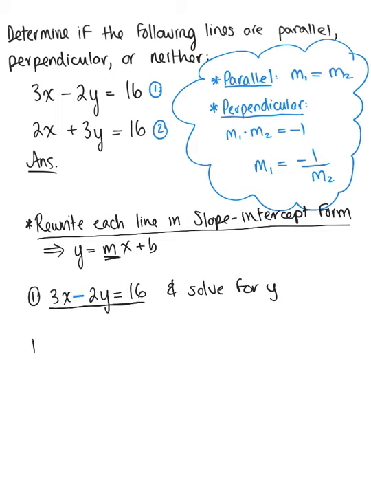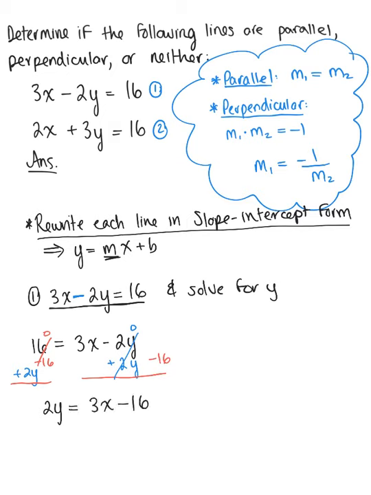Now when I solve for y, it will become positive, so I can maintain it on the left-hand side. So I'm going to add 2y to both sides of this expression. And we're going to want to subtract 16 from both sides of the equation as well. Right, so minus 2y plus 2y combines to 0. And then positive 16 minus 16 will combine to 0, leaving us with 2y is equal to 3x minus 16.